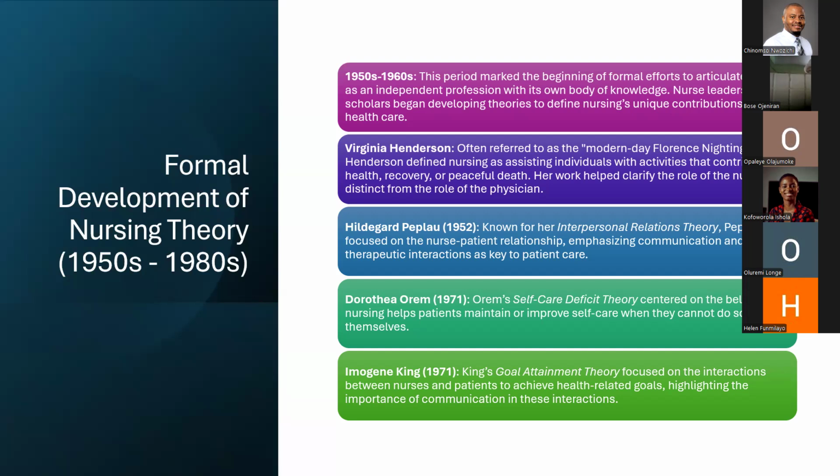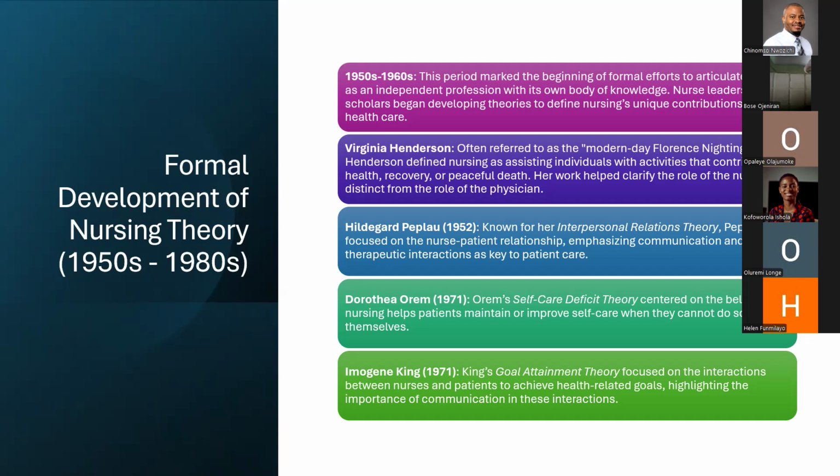Okay, now going back to 1971, we still see the theory of Imogene King, goal attainment theory. It's talking about the transactional process between the nurse and the patient. When the nurse comes, the nurse has his or her own perception, orientation, fears, impressions, everything personal to the nurse. The patient also has his or her own perception, has his or her own interest, everything personal to the patient.